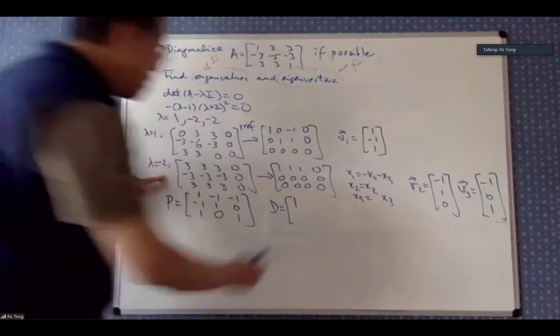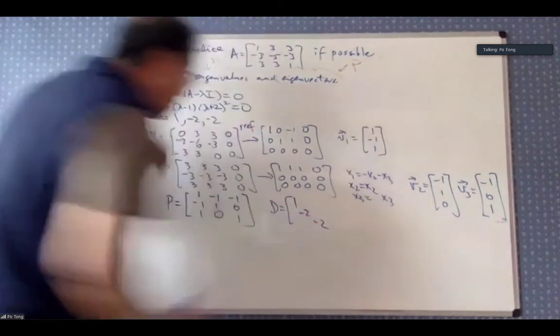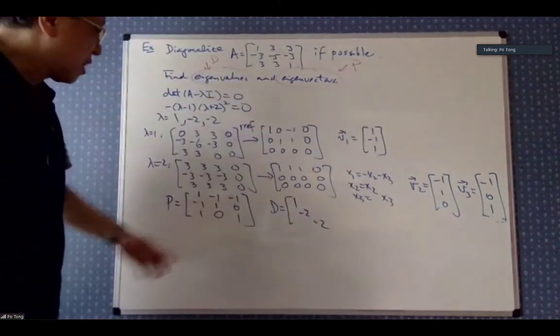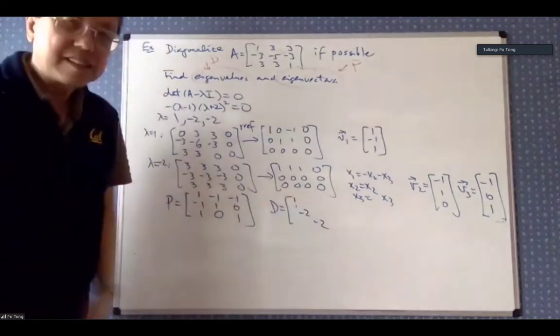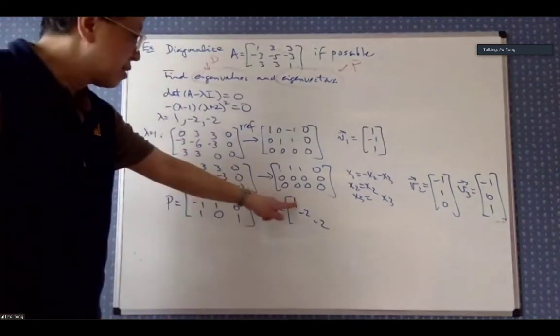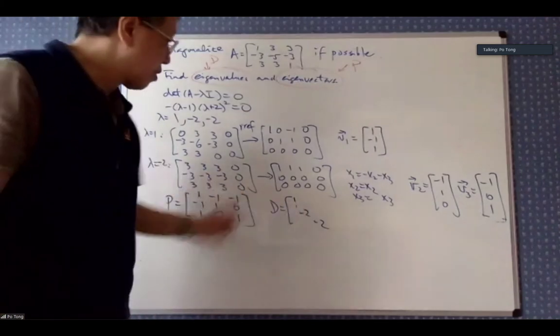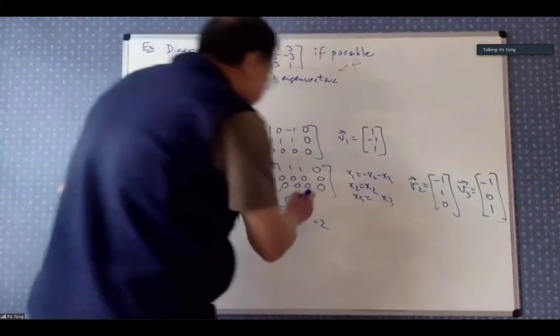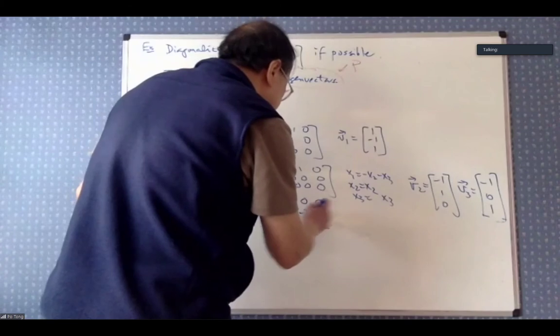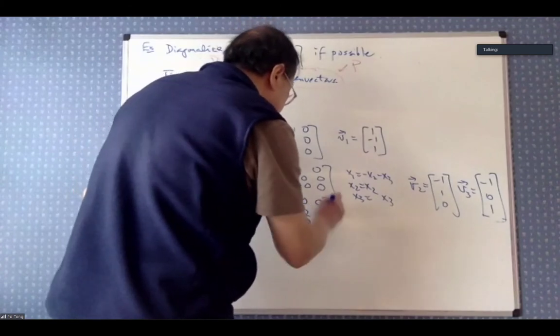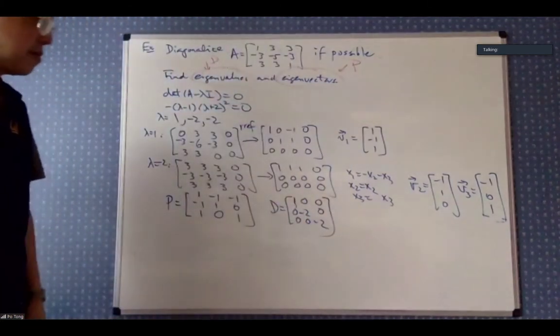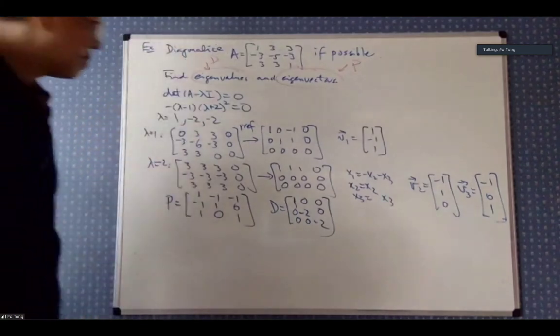The other two are minus 2. It is important to make sure that they correspond correctly: the first one corresponds to the first column, second to the second column, third to the third column. Okay, so we're done.